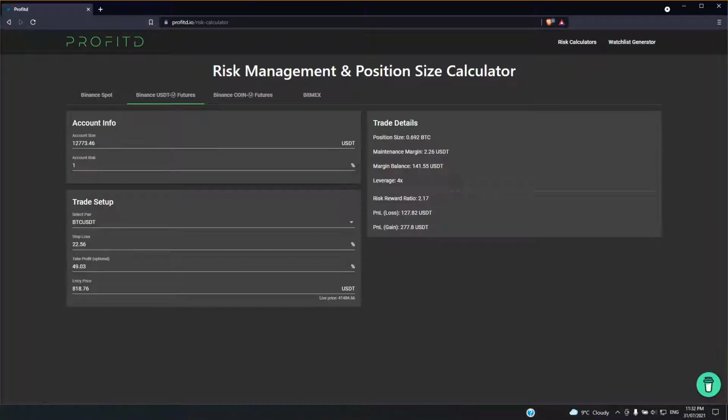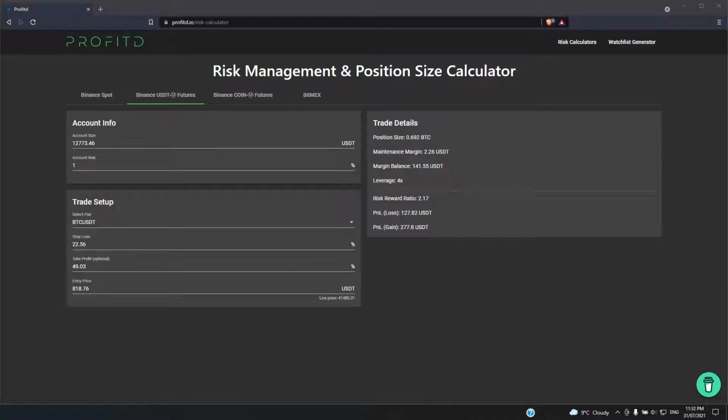Alright, so what else do we have? That entry price, yep, done. Take profit, done. And our account size is done, pretty sure.